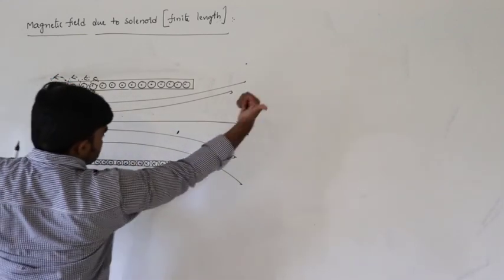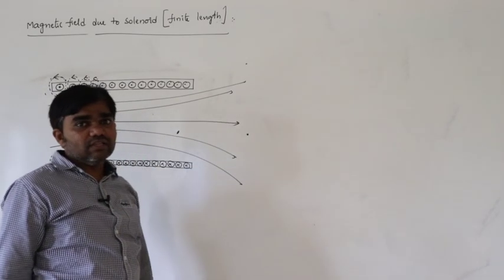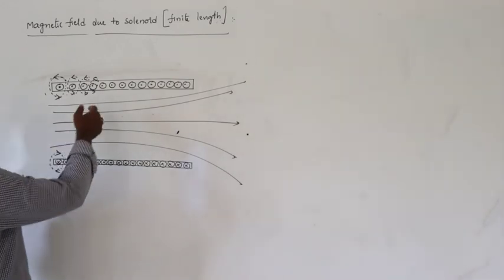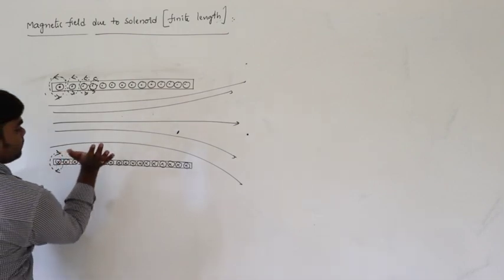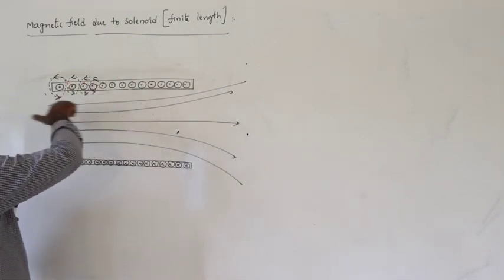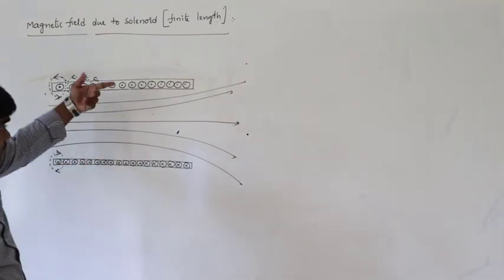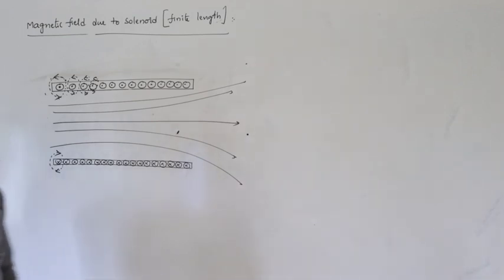Then the thumb indicates the direction of the magnetic field inside the solenoid. If the current direction is reversed, so it is outwards and it is inwards, then the thumb indicates like this. So if the direction of the current is reversed, the direction of the magnetic field is also reversed.